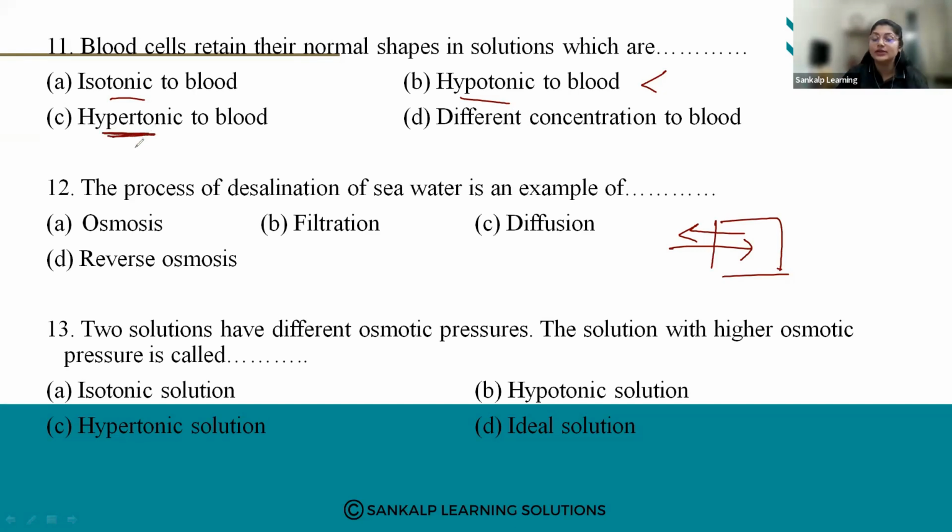What do you mean by hypertonic solution? A solution having a higher concentration of the solute. If the concentration of the solute is higher with respect to another solution, then it is called a hypertonic solution. Now suppose the blood cells are in a hypotonic solution.